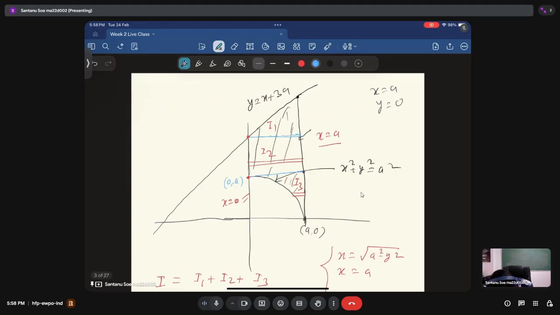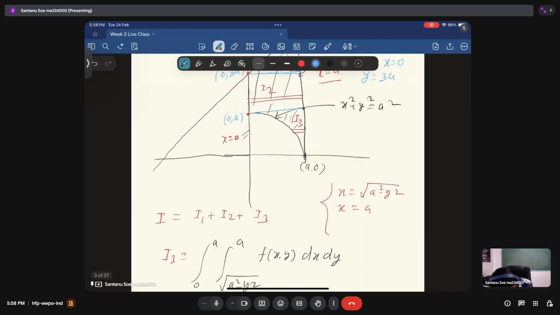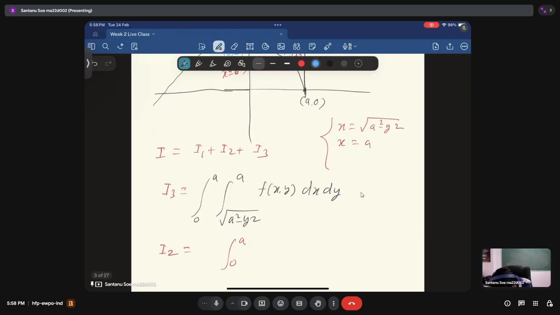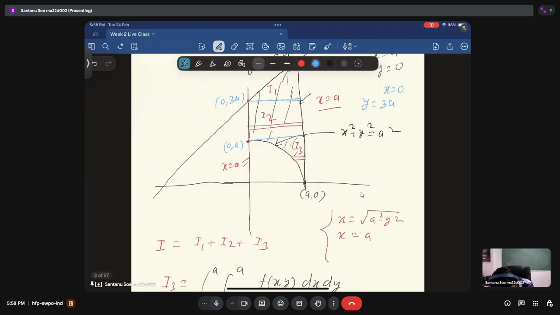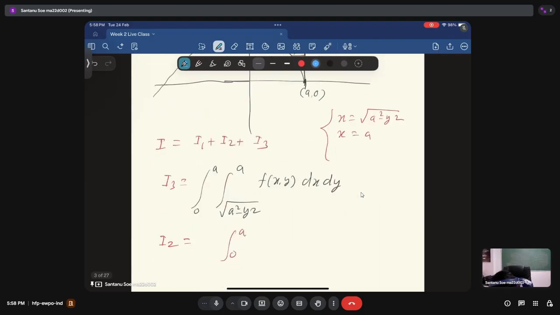Because this line is x equals to 0, correct? So if you just put x equals to 0 in y equals to x plus 3a, you will get 3a. So this point should be 0 comma 3a. So the y limit of the region I2 should be a to 3a.